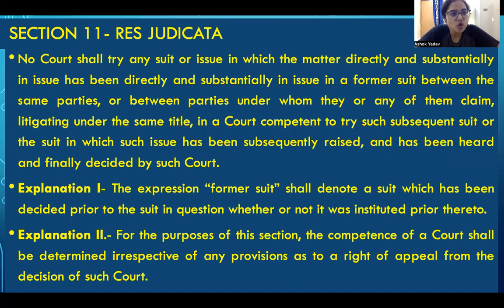It says, no court shall try any suit or issue in which the matter directly and substantially in issue has been directly and substantially in issue in a former suit between the same parties, or between parties under whom they or any of them claim, litigating under the same title in a court competent to try such subsequent suit, or the suit in which such issue has been subsequently raised and has been heard and finally decided by such court.